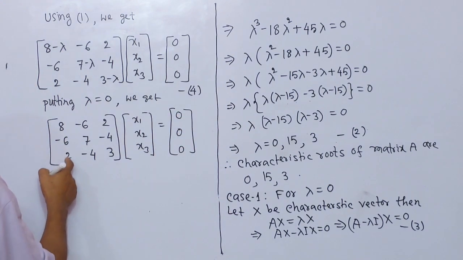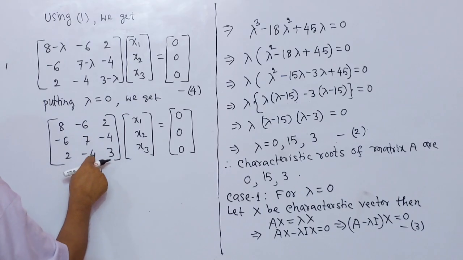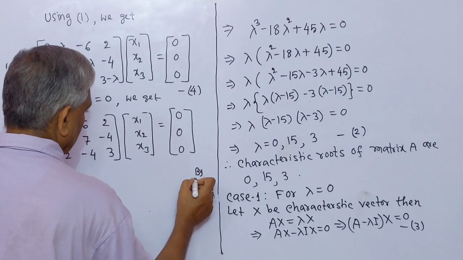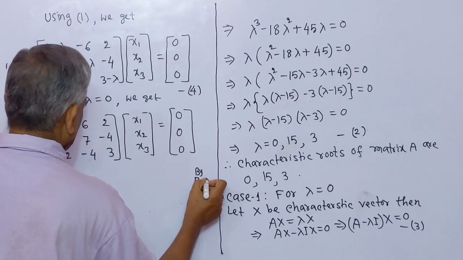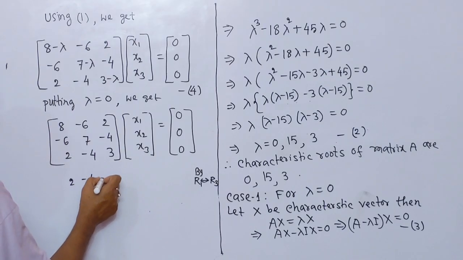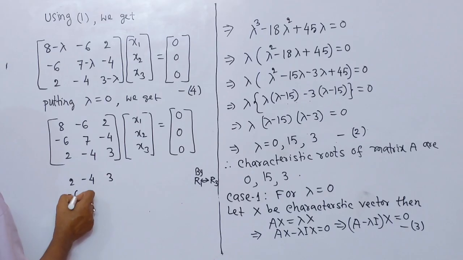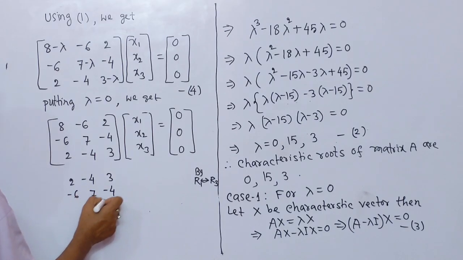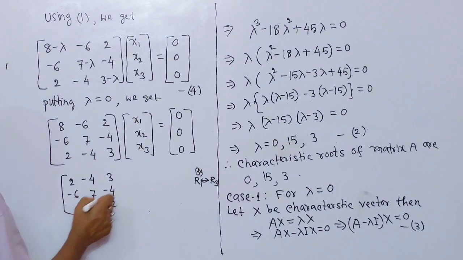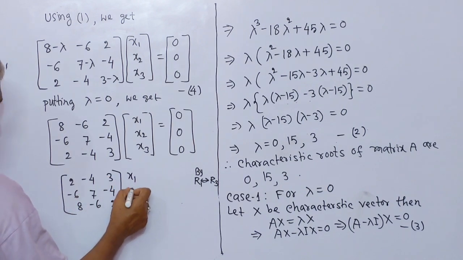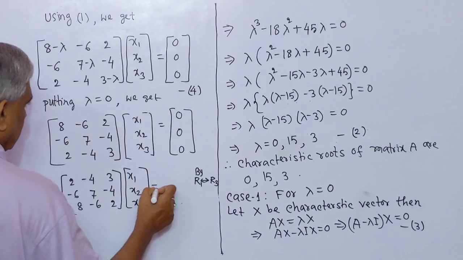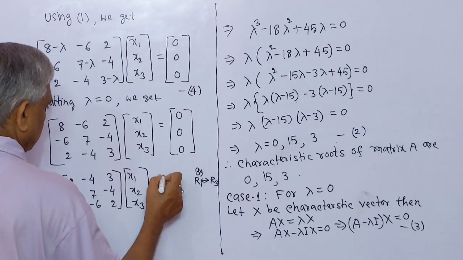Here we interchange third row and first row by R1 R3. Here [2, -4, 3; -6, 7, -4; 8, -6, 2] times [x1, x2, x3] equal to [0, 0, 0].